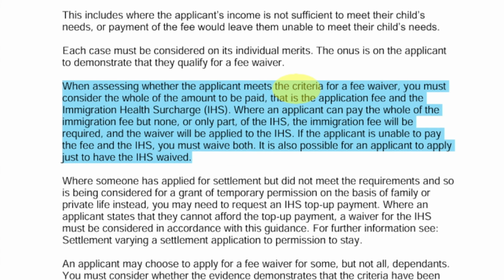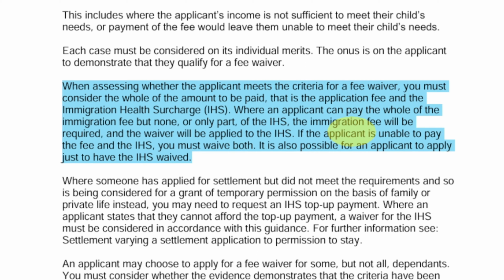That is the application fee and the immigration health surcharge, where an applicant can pay the whole of the immigration fee but none or only part of the IHS, the immigration fee will be required and the waiver will be applied to the IHS. If the applicant is unable to pay the fees and the IHS, immigration health surcharge, you must waive both.